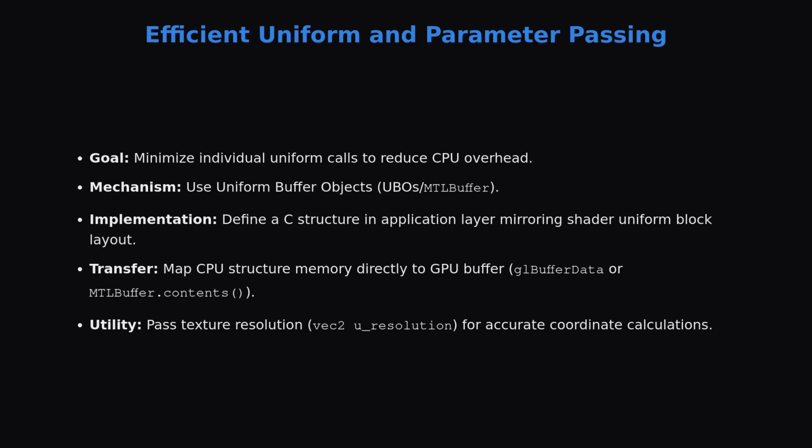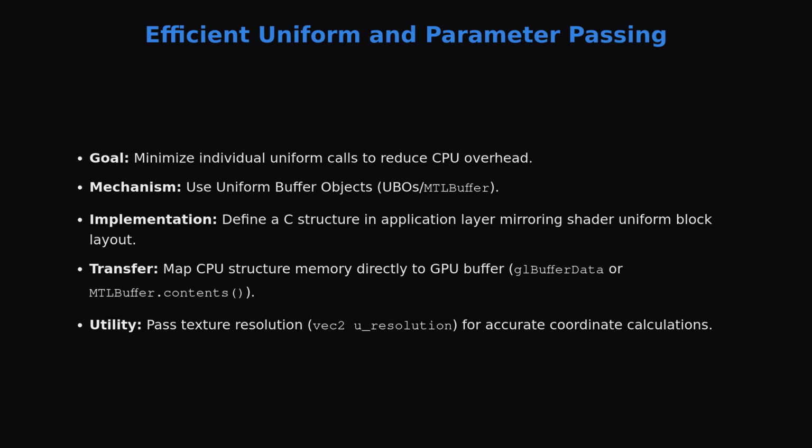Filter parameters, including intensity levels, color matrices, or time variables, must be passed to the shader efficiently. Utilize uniform buffer objects, UBOs, in OpenGL and MTLBuffer objects in Metal to group related parameters into a single transfer. Define a corresponding C structure in your application layer.